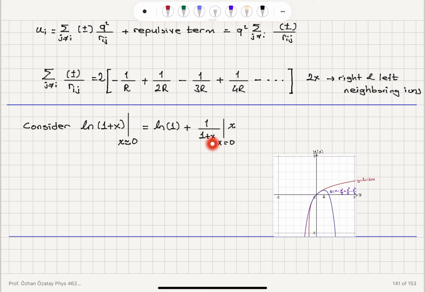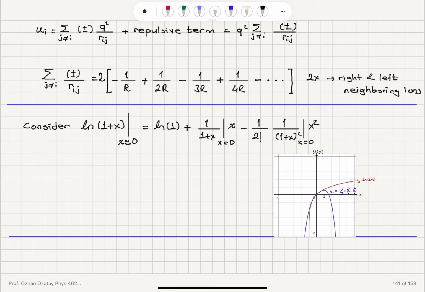Then we take a second derivative, which gives us minus 1 over 1 plus x squared, but we have a factor of 1 over 2 factorial now. Evaluated at x equals 0, multiplied with x minus 0 squared, which is x squared. Then we take another derivative.